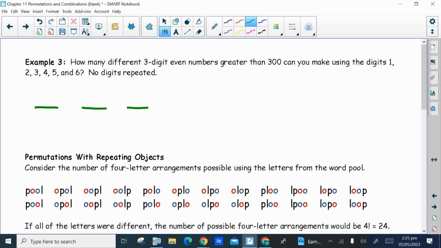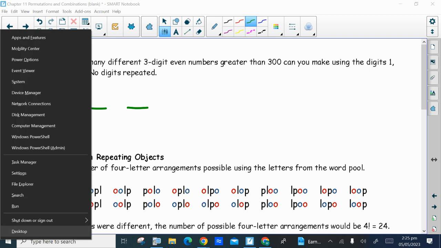We have to have 3-digit numbers, but they have to be even and they have to be greater than 300. Okay? When you look at the even digits, that's a 2, a 4, or a 6. And the reason we're talking about those is because in order for a number to be even, this last digit has to be even. That's one of our restrictions, right?